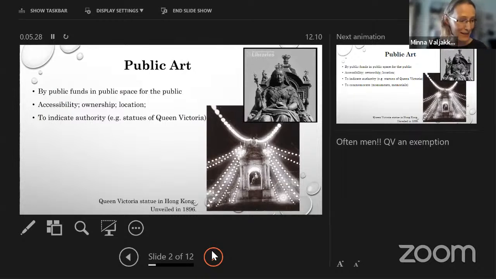Besides that, they tell about the authorities, of course, and the power relations. These statues are often made in order to commemorate, as monuments and memorials. Especially after the Second World War, we have a lot of monuments and memorials coming up all around Asia because people need a site where they can gather and remember what was happening.